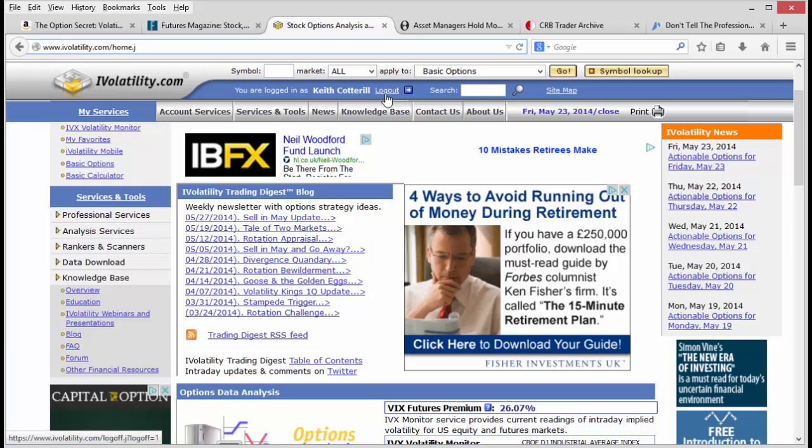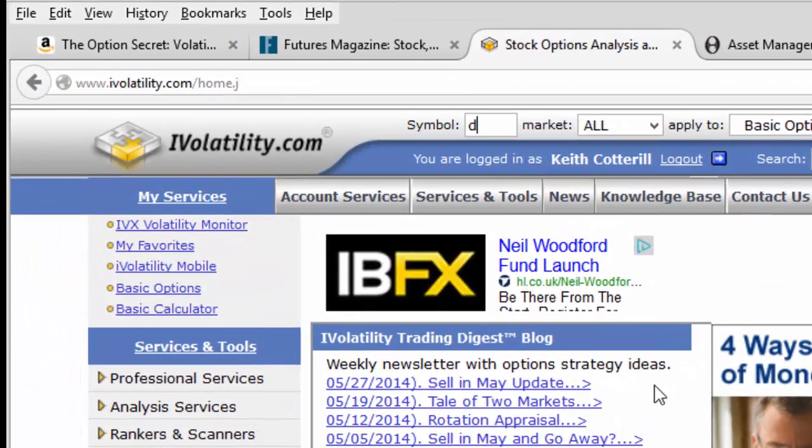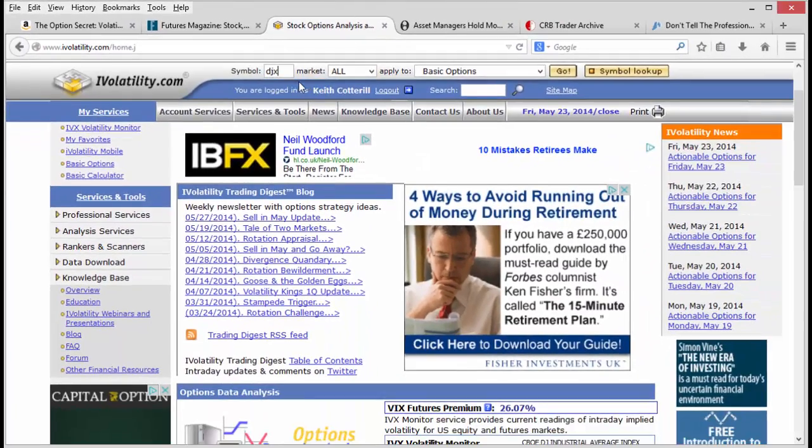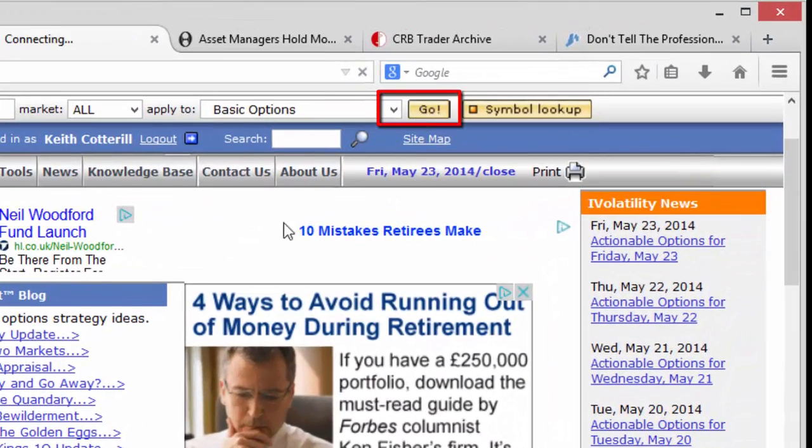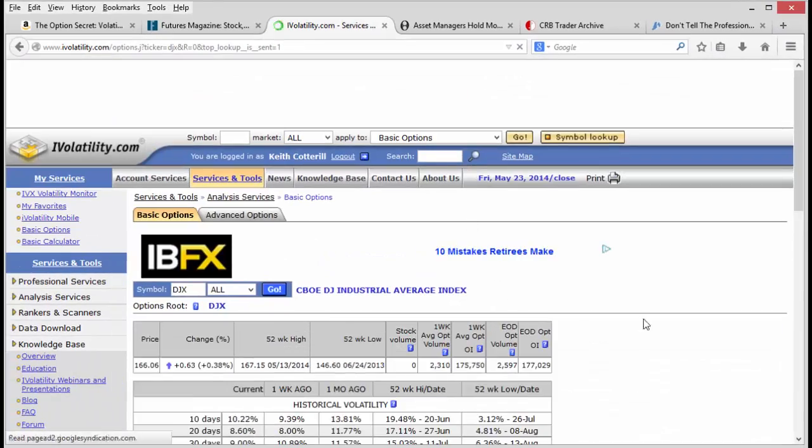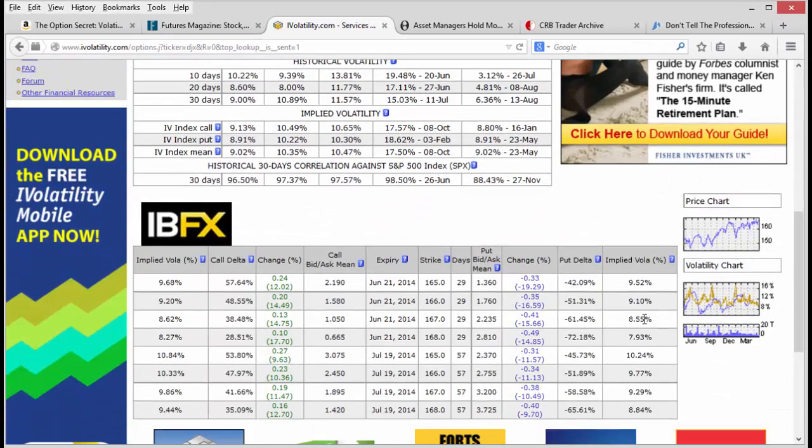I'm automatically logged in, but you'll see a register for the site here. And once you've registered, you can just log in as you would any other site, and the symbol you want for the Dow Jones is, believe it or not, DJX.